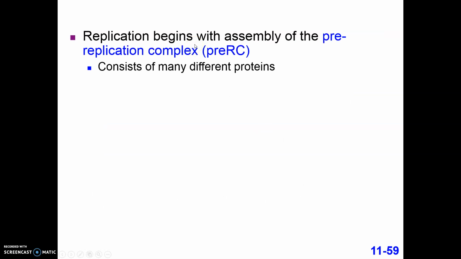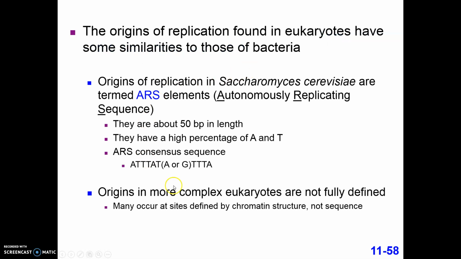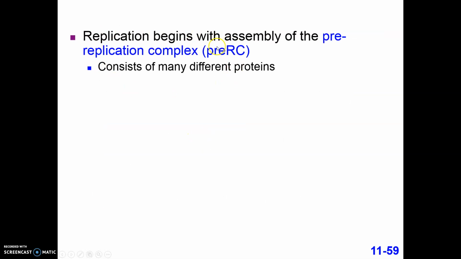Now, replication begins with the assembly of what we call the replication complex. This is a slew of many different proteins that are coming together, but they are doing things such as recognizing, at least in yeast, particular sequences. But they act in a similar way, causing the DNA to bind and wrap around and bubbles to open up.